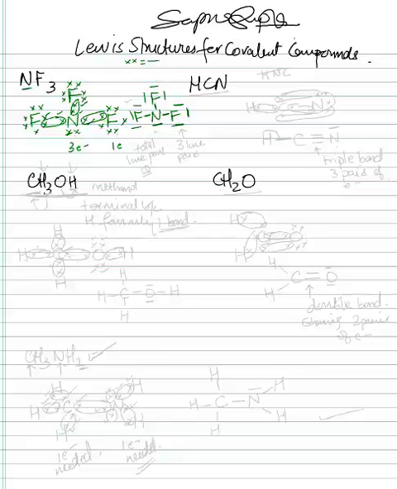This is explained in the PowerPoint also. The electrons that are bonded between nitrogen and fluorine are called bonded electrons, and the ones that are not bonded are called the non-bonding electrons. They're also called a lone pair of electrons. So for example, here you have 3 lone pairs, which means a total of 6 electrons, because each pair of electrons represents 2 electrons.